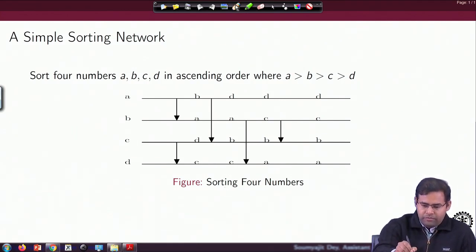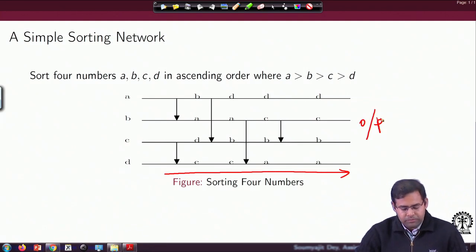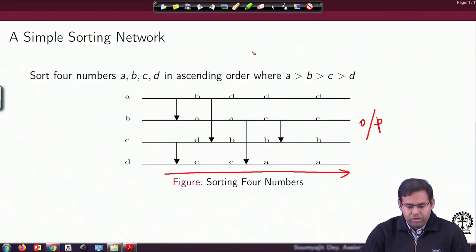So, essentially this is the input, and this is the flow of computation following the time axis, and here we are looking for the output. So now if you observe what's going on, suppose the input is in this order, essentially a descending order, but we want the output to be in ascending order, right?